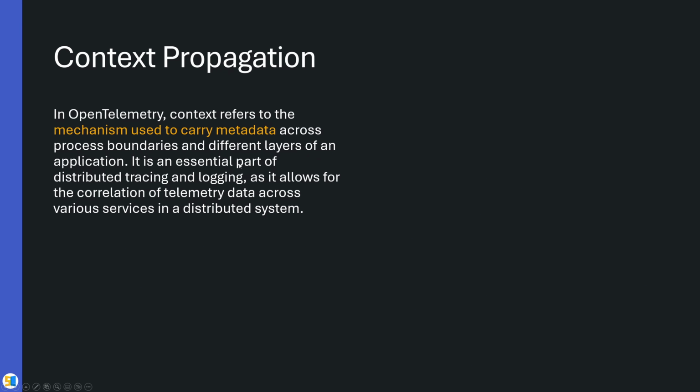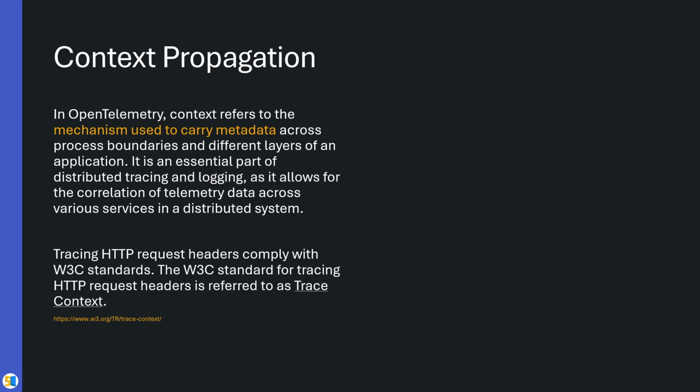It is an essential part of distributed tracing and logging, and it allows for correlation of telemetry data across various services in a distributed system. And the tracing HTTP request headers comply with W3C standards. The W3C standard for tracing HTTP request headers is referred to as trace context.